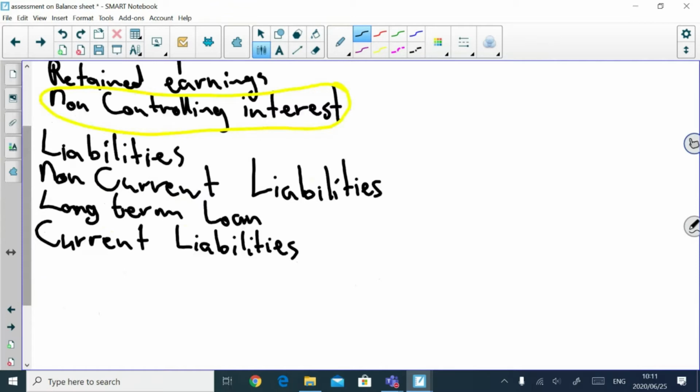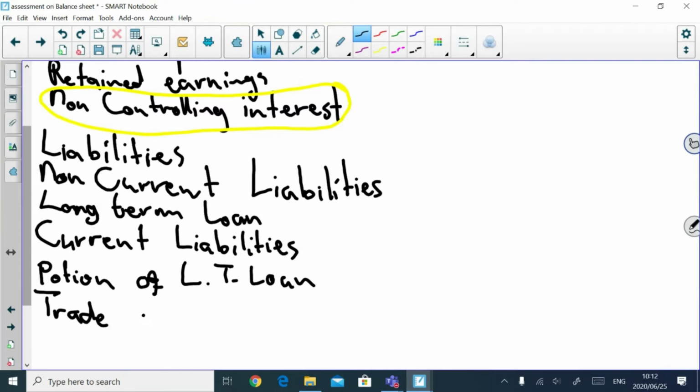That will be maybe the current portion of the long-term loan, then your trade and other payables, then your income tax.